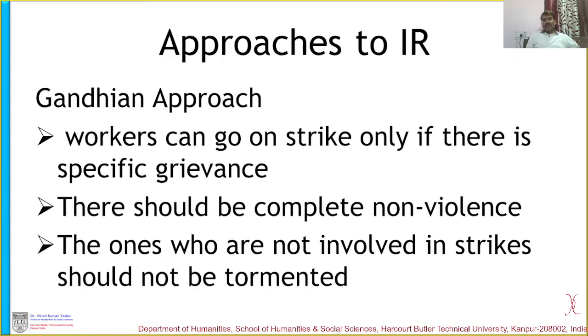The management is also part of that system, where the employee is also part of that system, and both are jointly doing some activity. So no one is on the upper hand, no one is on the lower hand. The difference in treatment because of grade, because of greed, because of caste, or any factor should not be there in industry.